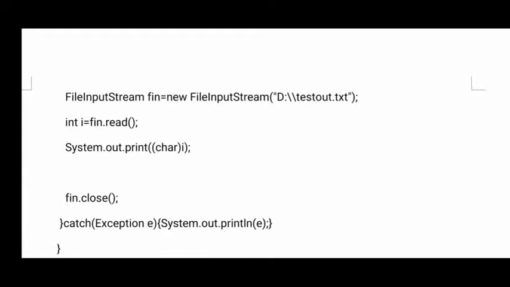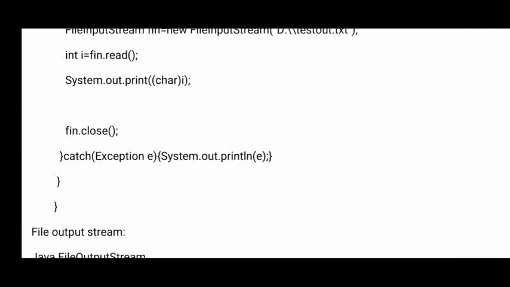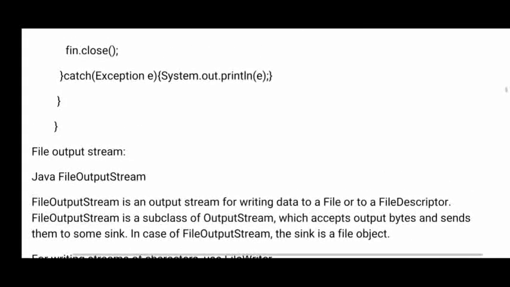Now here, System.out.println((char)i). What is i actually? We are reading the characters one by one from a file. What is the file name? testout.txt. The same characters we are printing on the output screen by using System.out.println((char)i). Now we are closing the file.